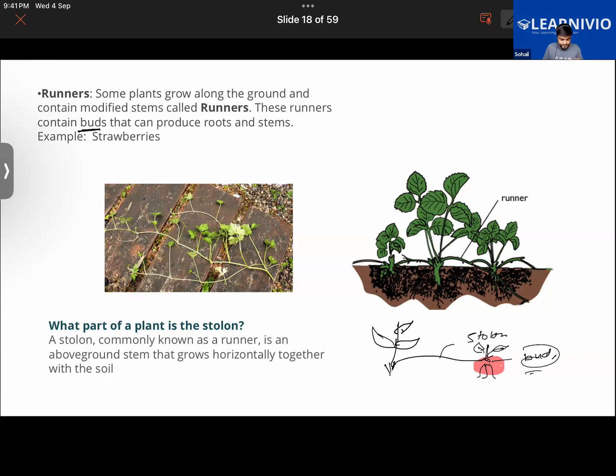What is another name for runner? Just look at the slide. With the help of this, you can answer. My question is, what is another name of runner? This runner is known by one more name.